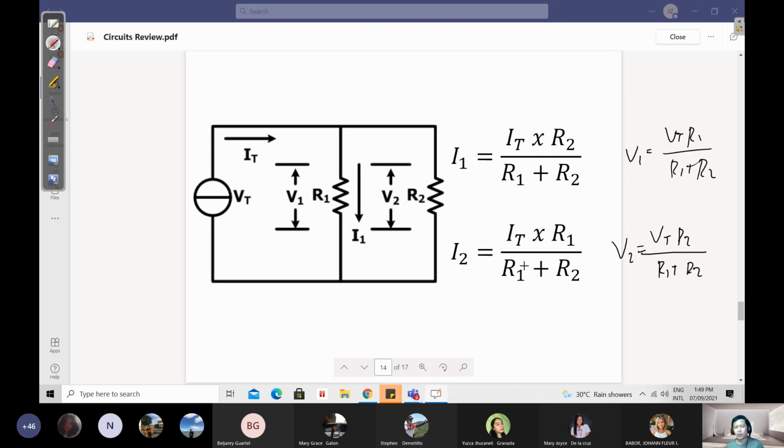So you can see, the form of the formulas is similar. But if you want to solve for voltage, you use V total. Okay? If you want to solve for current, you use I total. And take note, if you want to solve for V1, R1 goes here. If you want to solve for V2, R2 goes here. But in CDT, it's opposite. If you want to solve for I1, you use R2. Okay? If you want to solve for I2, you use R1.